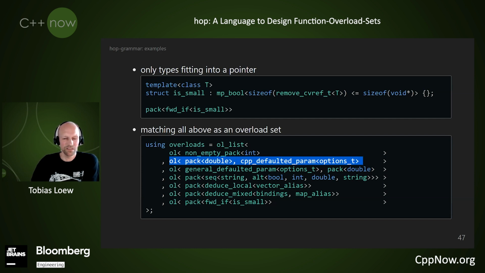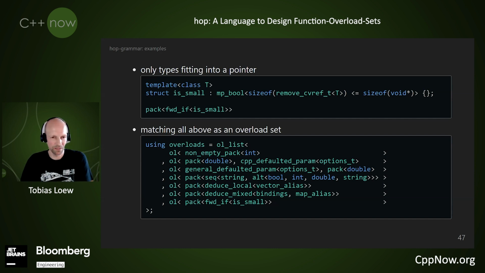Okay. As you may have seen, we have here the OL template, which packs the generated type list generator into an overload. And you may have seen that I dropped the sequence template around it, and that's in the library, you can drop the outermost sequence pattern. You can simply put them in a comma-separated list in here. And of course, we have potential ambiguities.